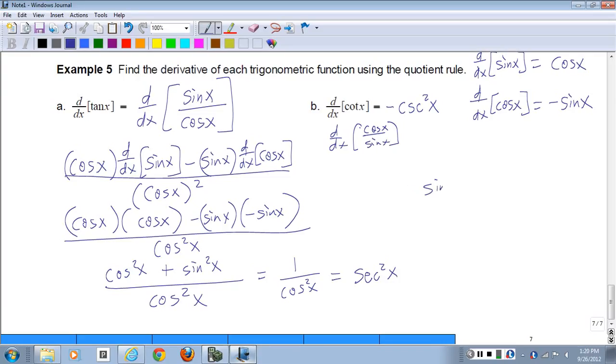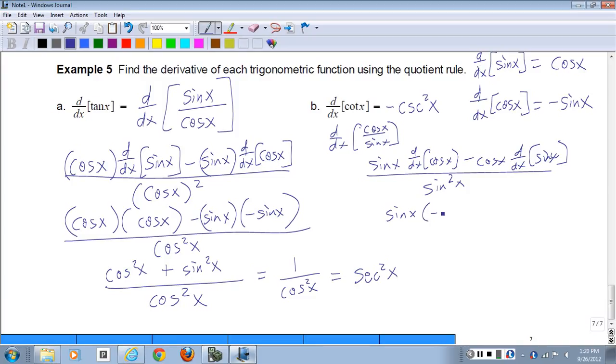You have the sine squared x in the denominator, and then it's sine x times the derivative of cosine x minus cosine x times the derivative of sine x, and then it's sine x times negative sine x minus cosine x times cosine x over sine squared x.